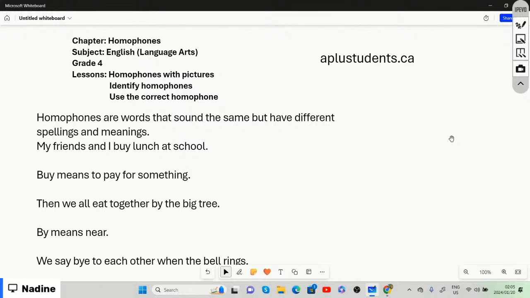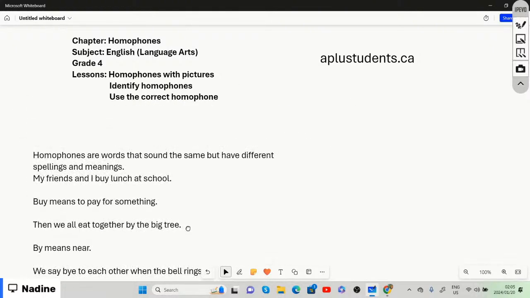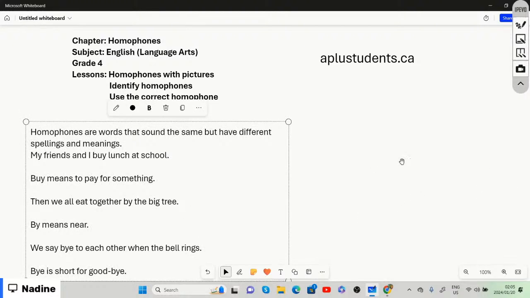And the lessons that we will be focusing on under the chapter of homophones are homophones with pictures, identify homophones, and use the correct homophone.